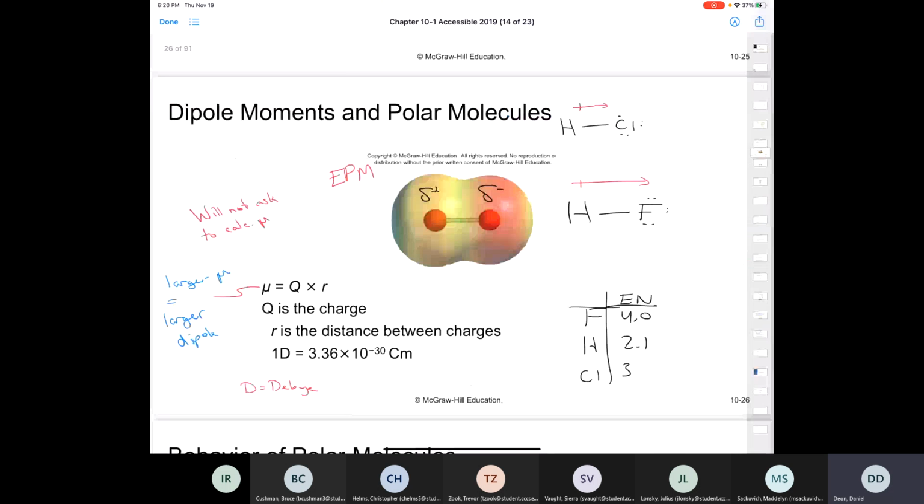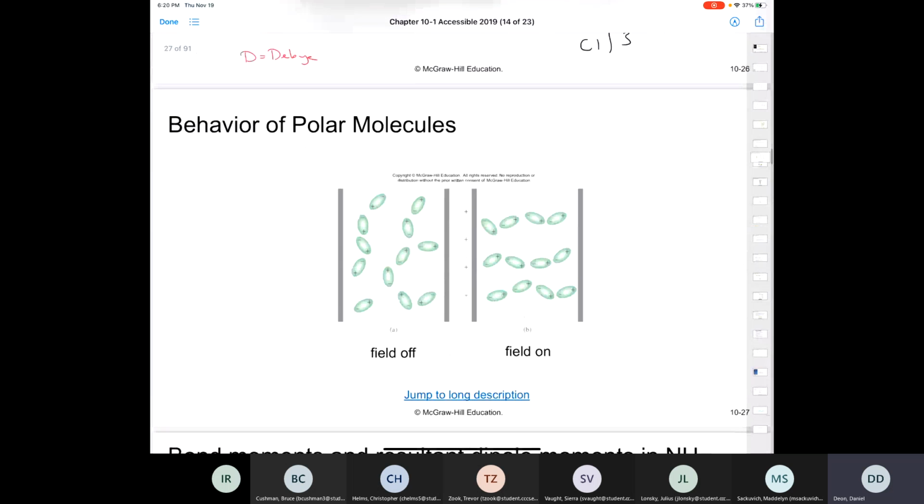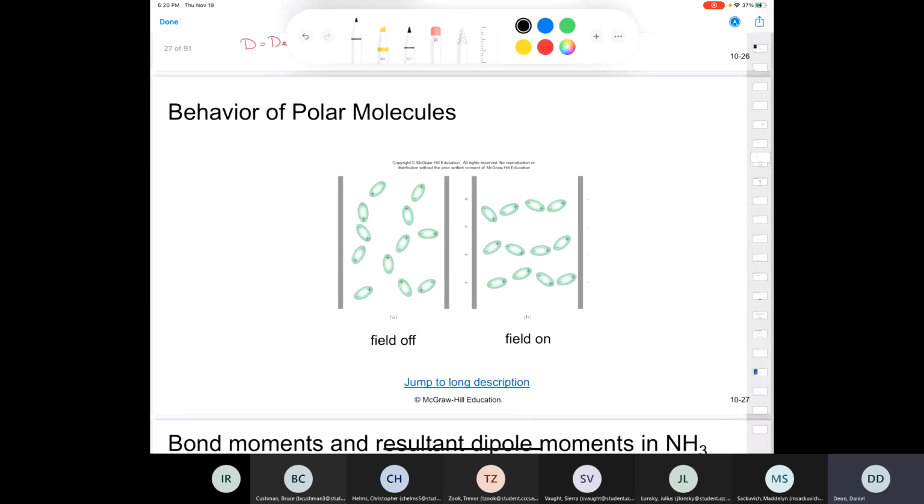Well, what do we mean by a polar molecule? What can a polar molecule do? One of the ways you can determine whether a molecule is polar or not is by the way it behaves in a magnetic field. If you have a bunch of polar molecules in a solution and no external magnetic field applied to them, they're going to line up or align themselves randomly to some degree.